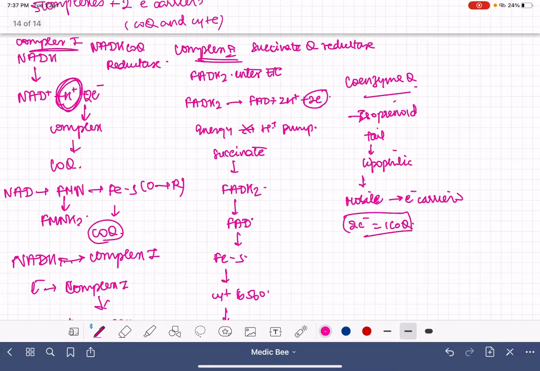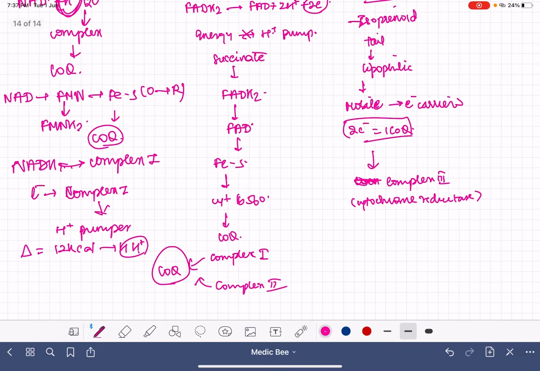So coenzyme Q can transfer the electrons from one or two complexes, and from coenzyme Q the electrons will now reach complex 3. Complex 3 is basically a cytochrome reductase complex. It has two cytochromes, cytochrome B and cytochrome C1. Both of these contain heme as the prosthetic group.